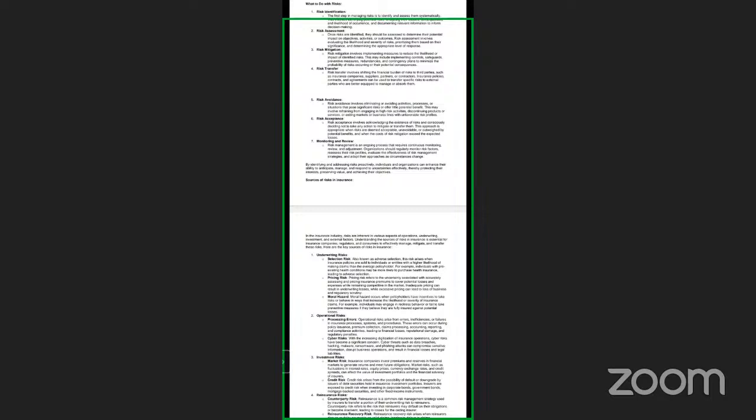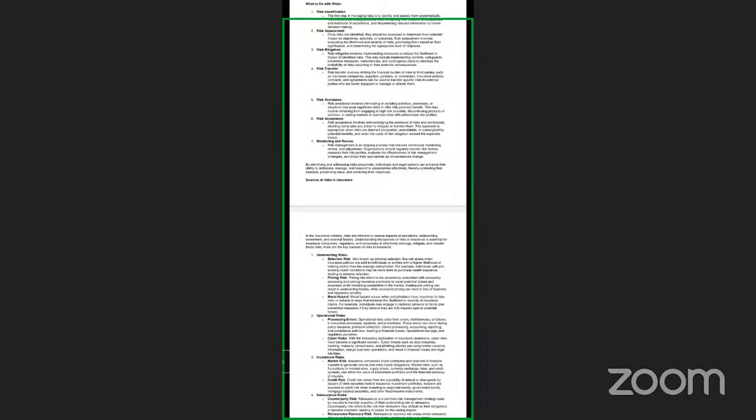Once risk is identified in the risk management plan, the second step is the assessment of risk. Once risks are identified, they should be assessed to determine their potential impact on objectives.